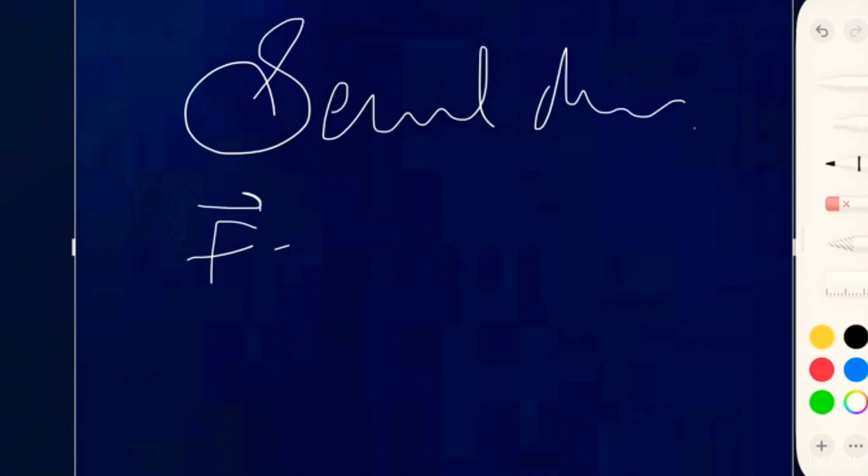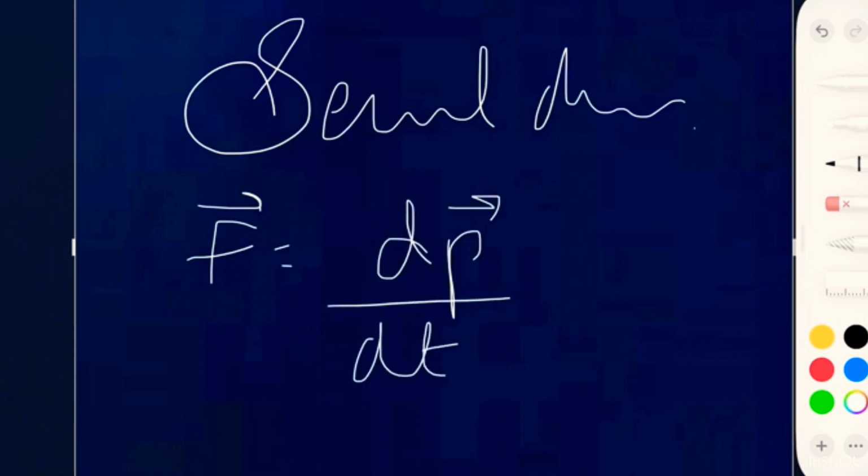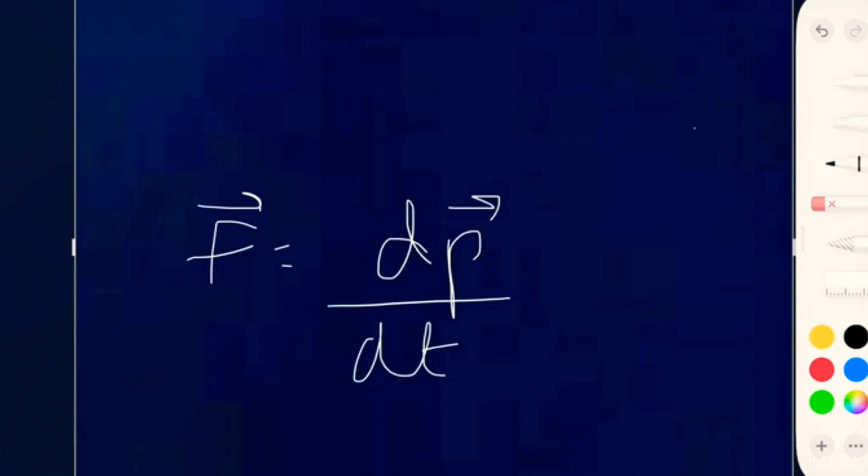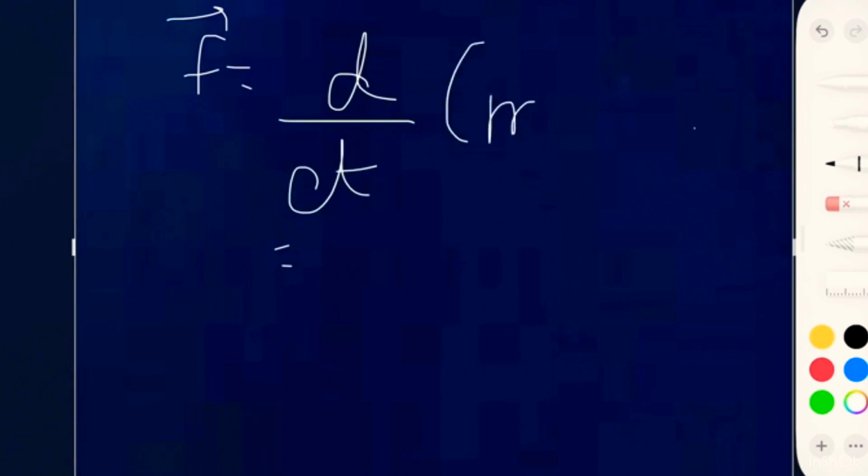So F is equal to dP by dt, that is momentum by time. So F is equal to d by dt of mv.